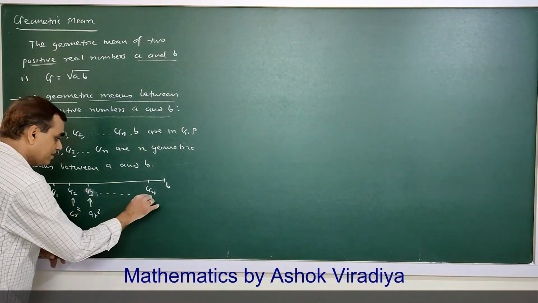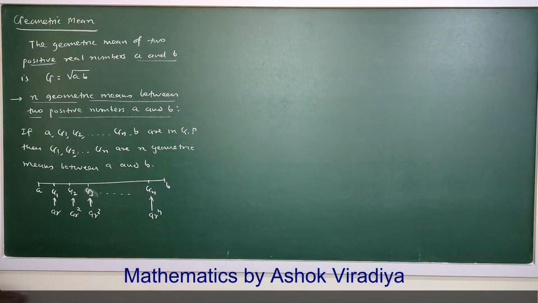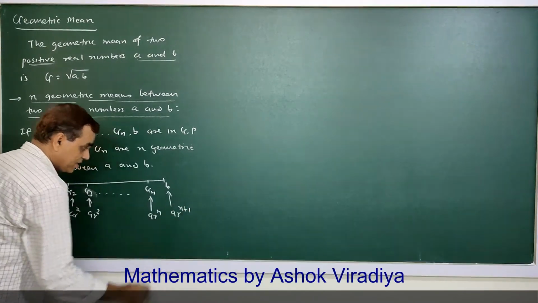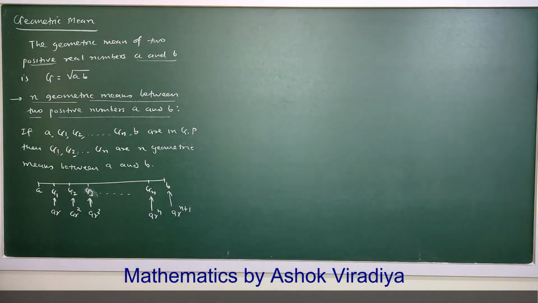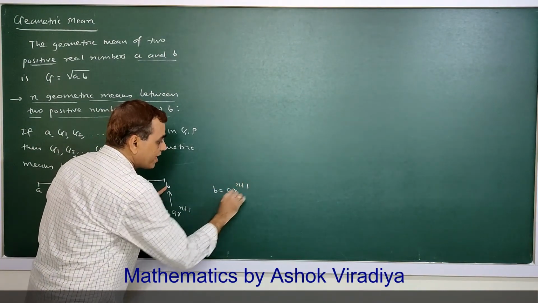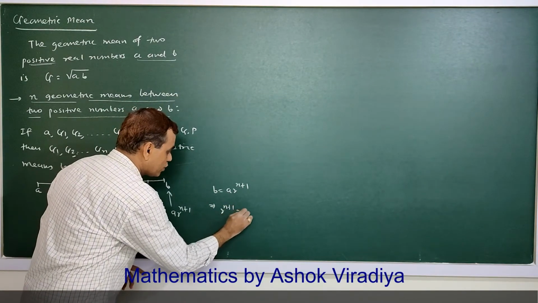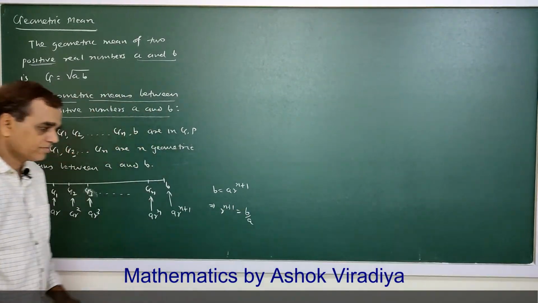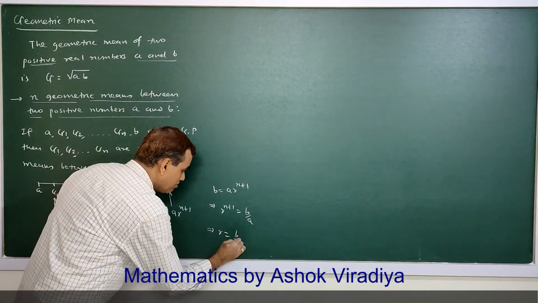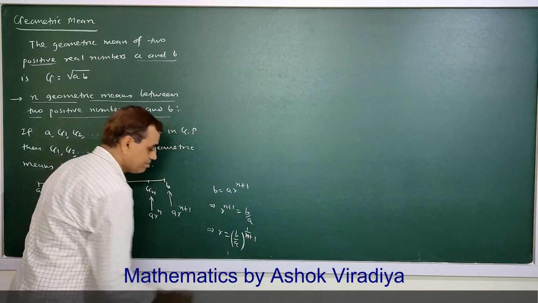And similarly, the last will be A into R raised to n, so B will be A into R raised to n plus 1. That means R raised to n plus 1 is B by A. So R will be equal to B upon A raised to 1 upon n plus 1.